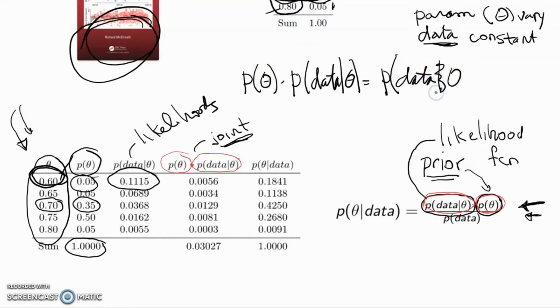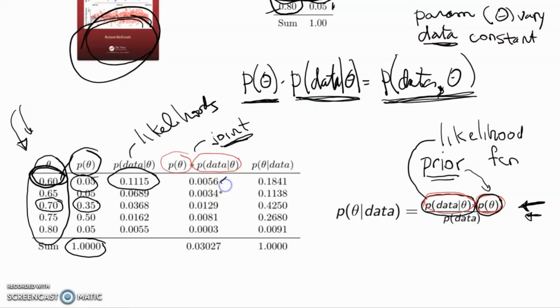Excuse me, that should be a comma because it's the joint distribution. So the whole idea is, in order to get a particular combination of data and theta, first you've got to have a particular value of theta, and then you multiply that by the probability of data given theta.